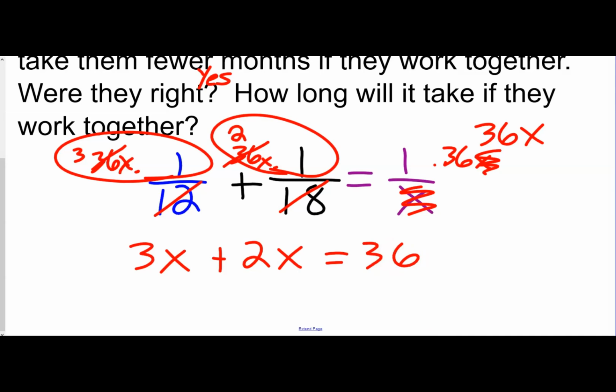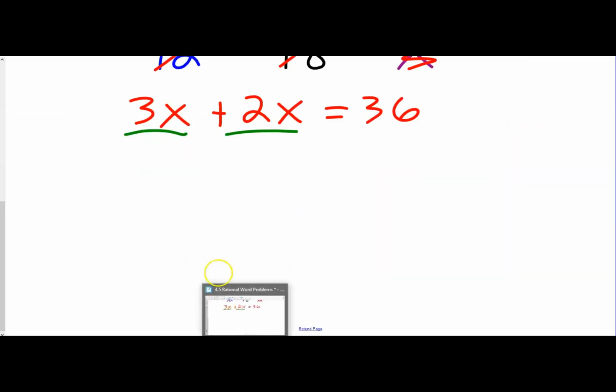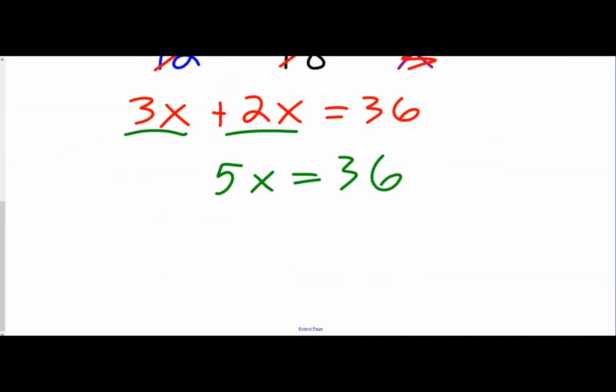All we have to do, put those like terms together. 3x, 2x, give us 5x equal to 36. And then when you do your quick division of 5, you find out that x is equal to 36 over 5. But since this is a word problem, that is a weird answer.